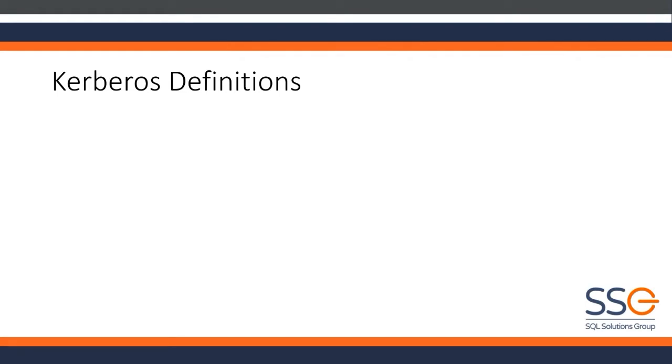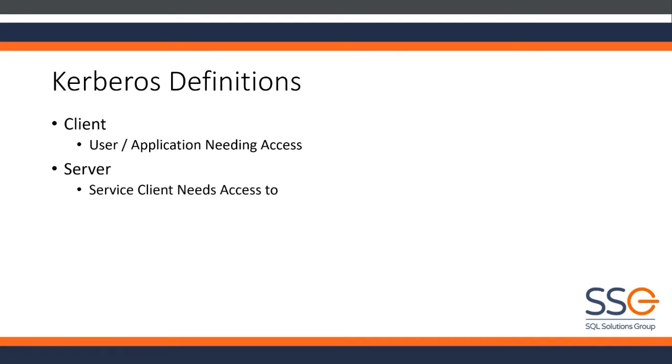Okay, some definitions. You have a client. This is the user or application, right? Application is probably more accurate because if I'm using SQL Server Management Studio and I want to connect to SQL Server, really it's SSMS that is needing access to the SQL Server, right? Server or service is almost a better term to use here, the service the client needs access to, the SQL Server in this case.